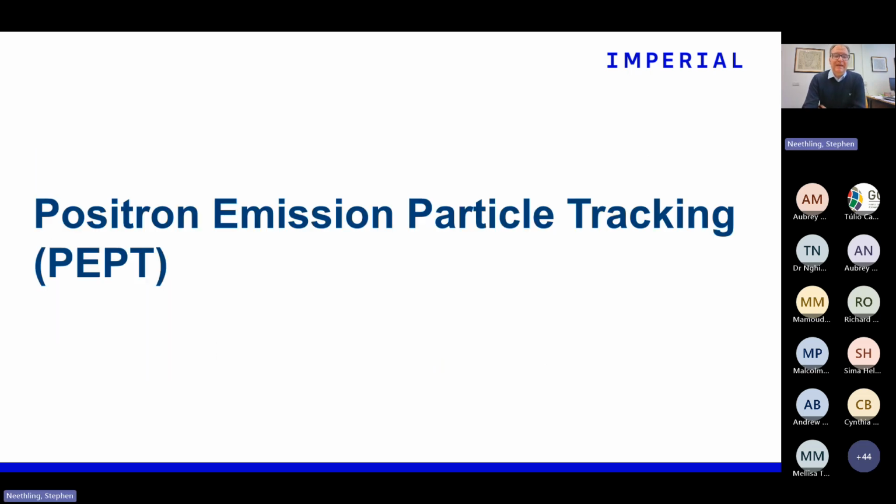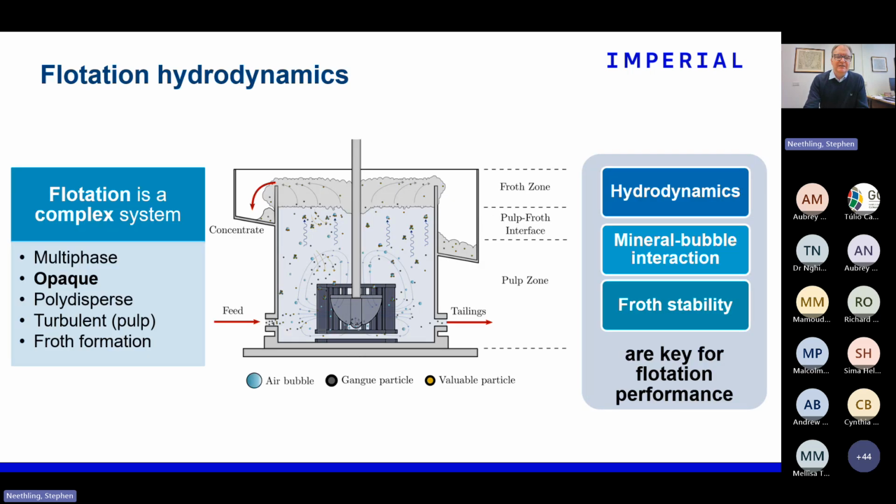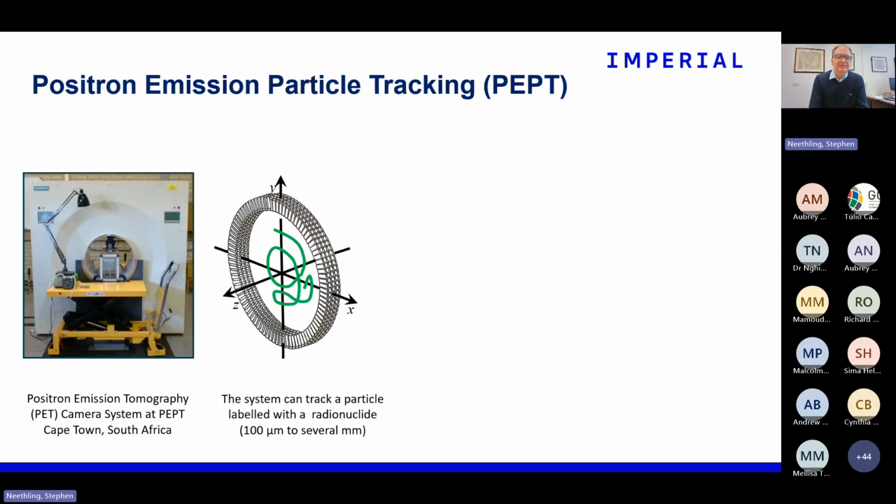I've already mentioned PEPT before. So for those of you who don't know it, PEPT is positron emission particle tracking. It uses the same scanner that is used in PET scanning, so for medical positron emission tomography. But instead of tracking average concentrations, as in PET, you're tracking the location of an individual particle.